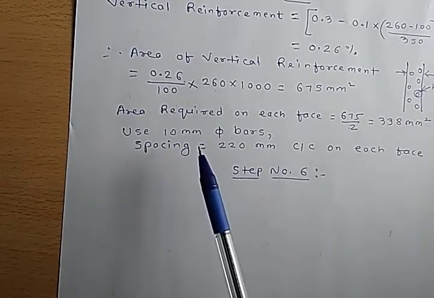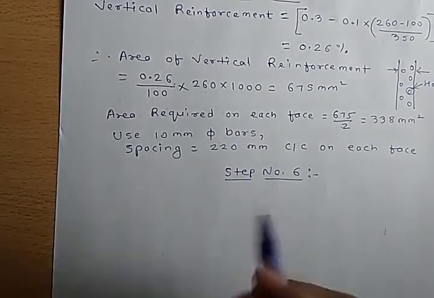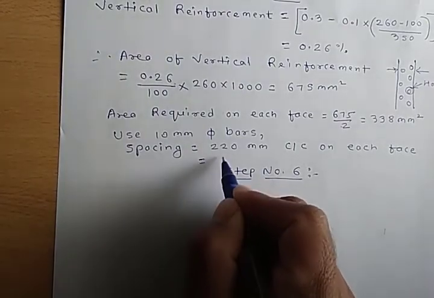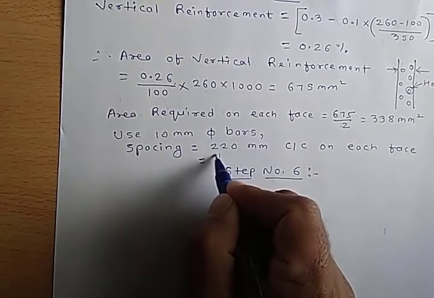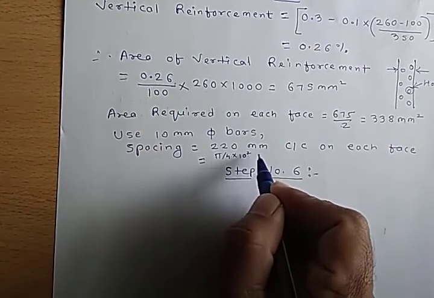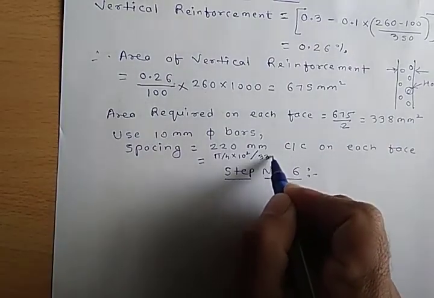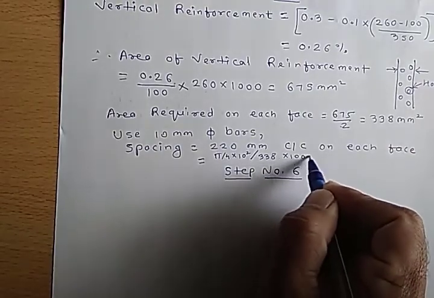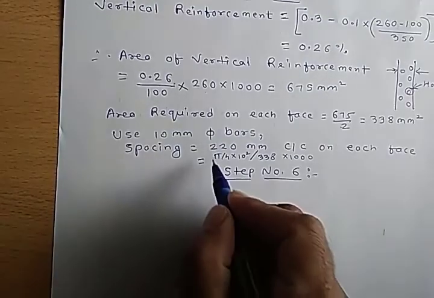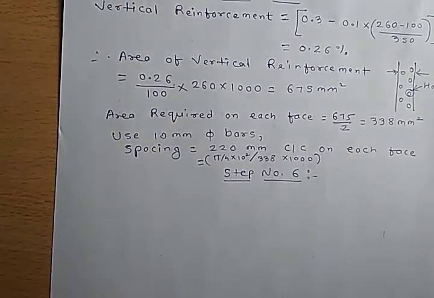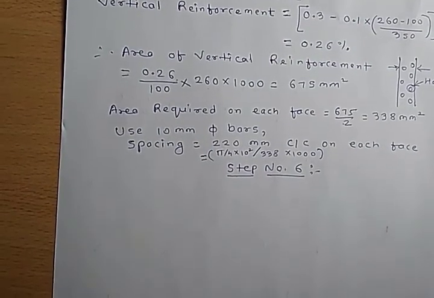Now here we need to use 10 mm diameter bar, and spacing as we have gone through, that is area of 1 bar, which is pi by 4 into 10 square, divided by 338 and multiplied by 1000. So this is what you will get, around 220.